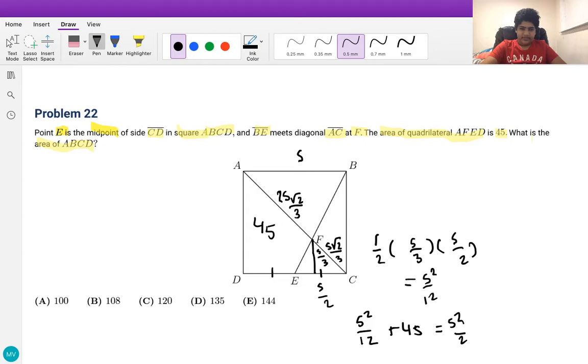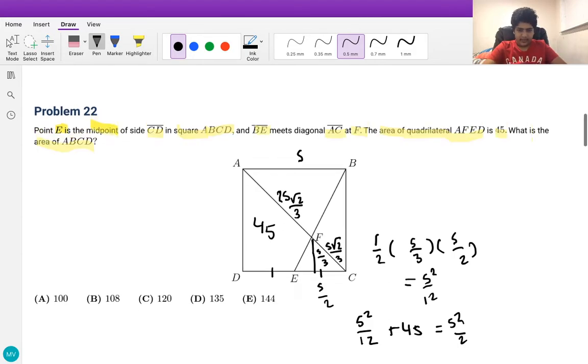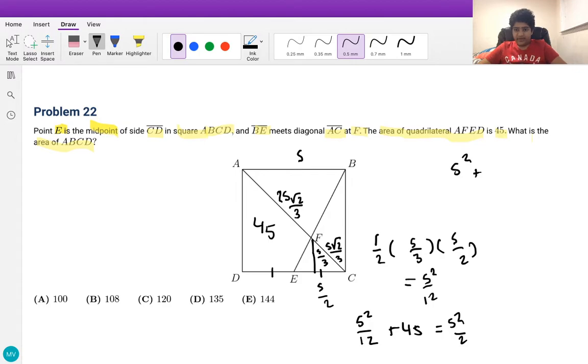So from this, multiplying both sides by 12, S squared plus 45 times 12, which is simply 540, is going to equal 6S squared. So we have 5S squared equals 540. So S squared, the area of the square, is 108. Choice B.